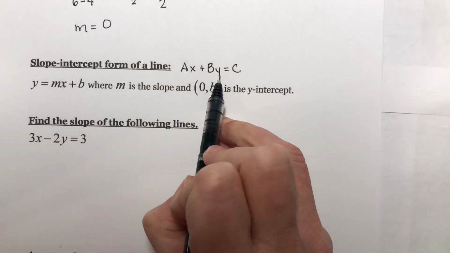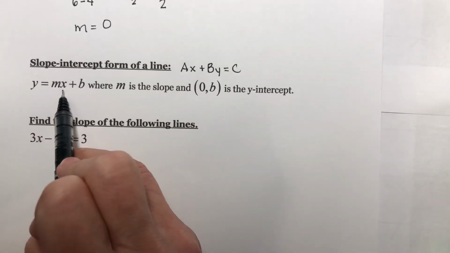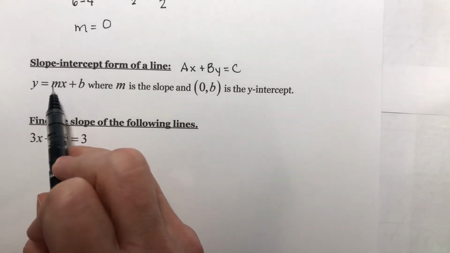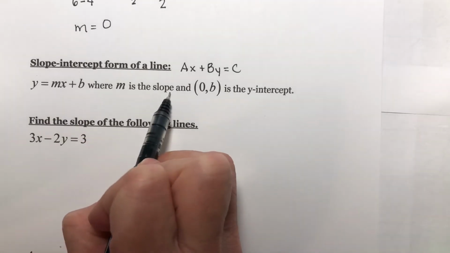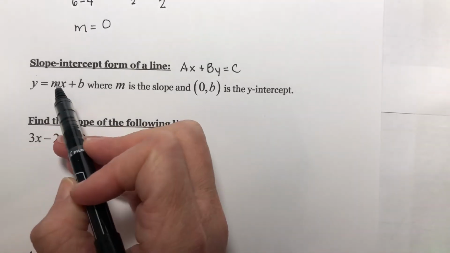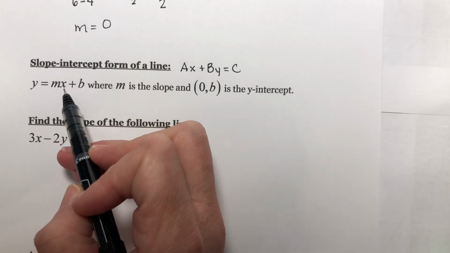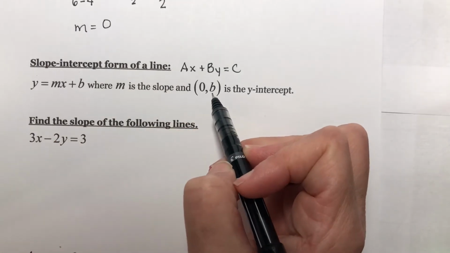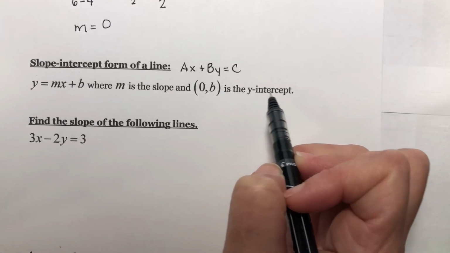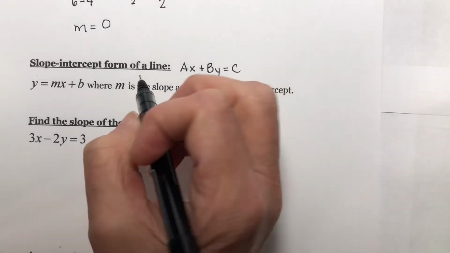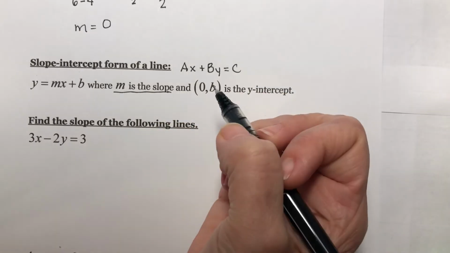This regular x and regular y are these two values right here. The important part of this formula is m and b. M is your slope. So the coefficient of your x value is always your slope. B is always the y-intercept. This part becomes very important in the next section. This is the part we're going to be using in this section.